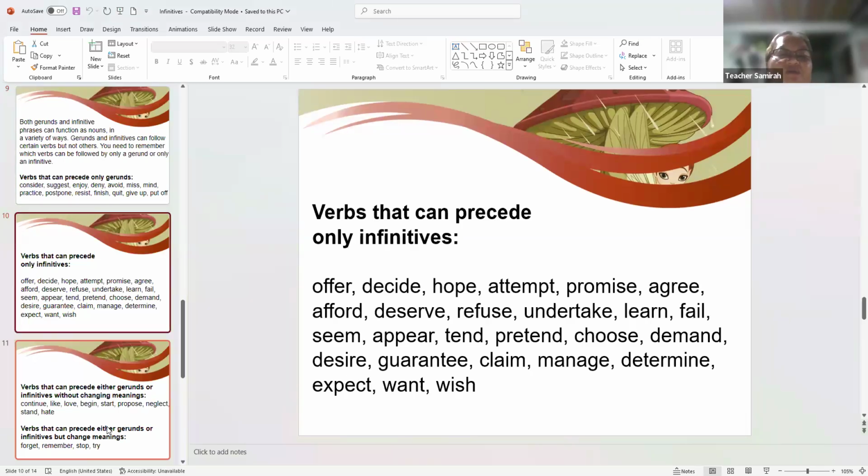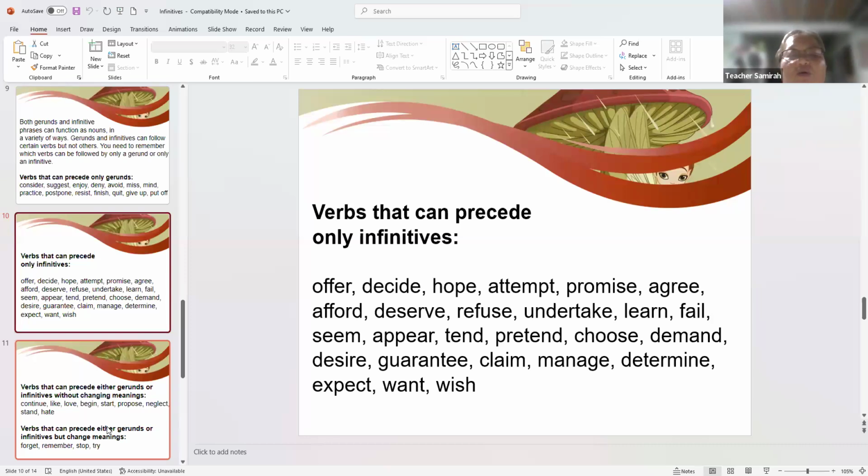And then these are the verbs that can precede only infinitives: offer, decide, hope, attempt, promise, agree, afford, deserve, refuse, undertake, learn, fail, seem, appear, tend, pretend, choose, demand, desire, guarantee, claim, manage, determine, expect, want, and wish.